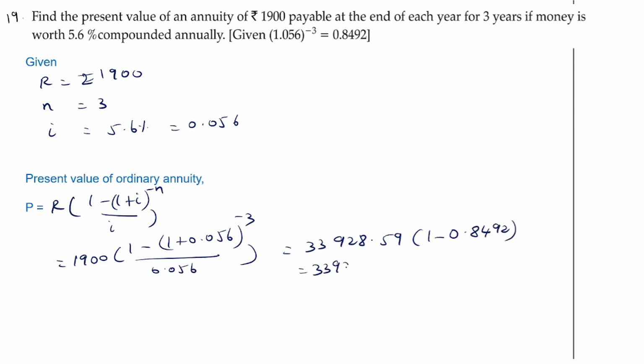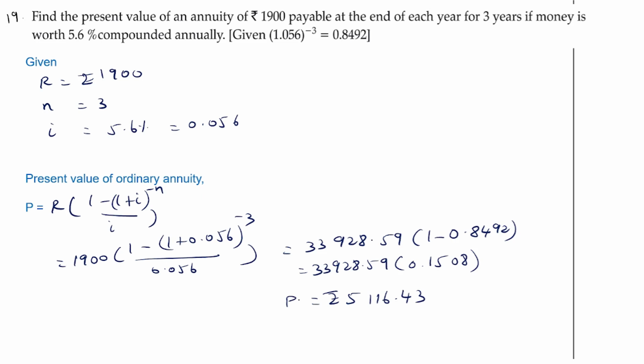So this is 33,928.59 into 0.1508. This when we simplify, get it as 5,116.43.